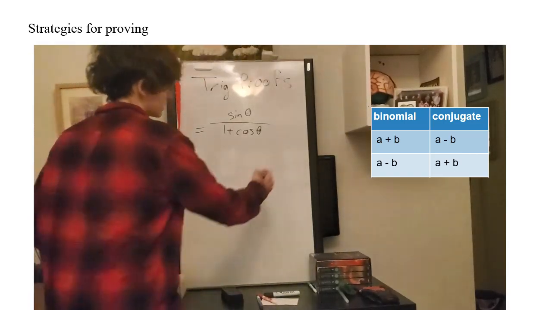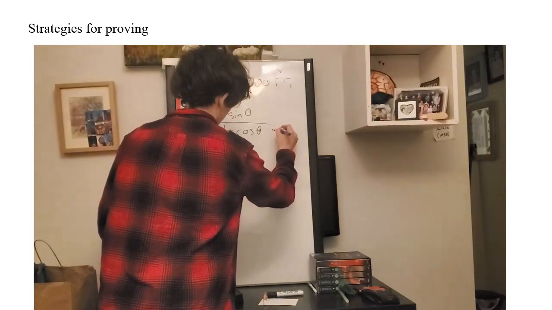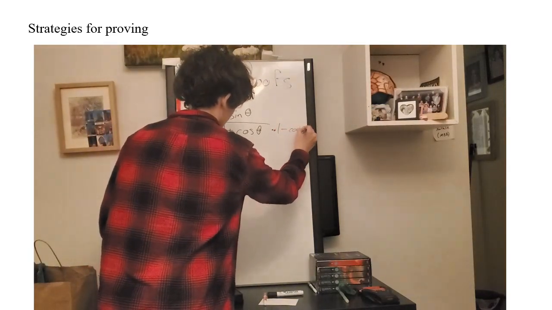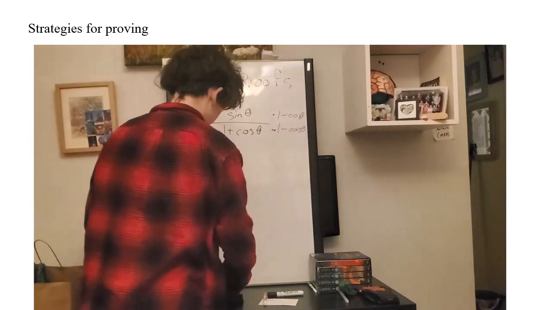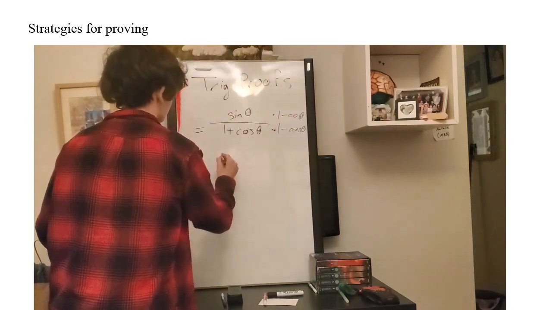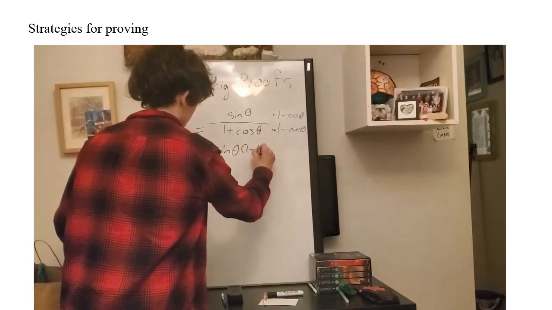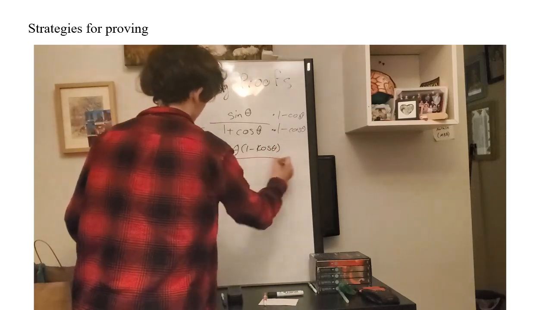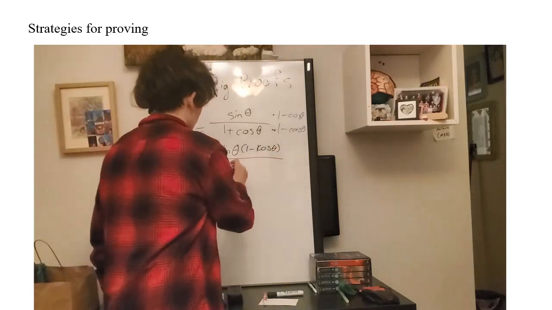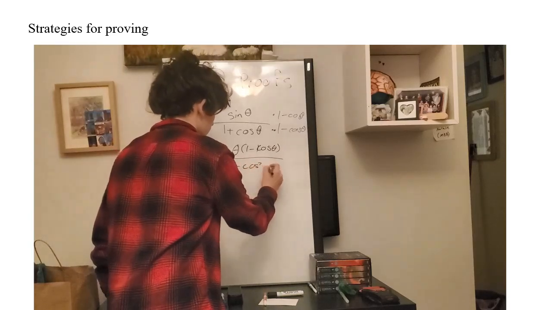In this case, you would be multiplying by 1 minus cosine on both the top and bottom, which would give you sine theta times 1 minus cosine on the top, and you'd have 1 minus cosine squared on the bottom.